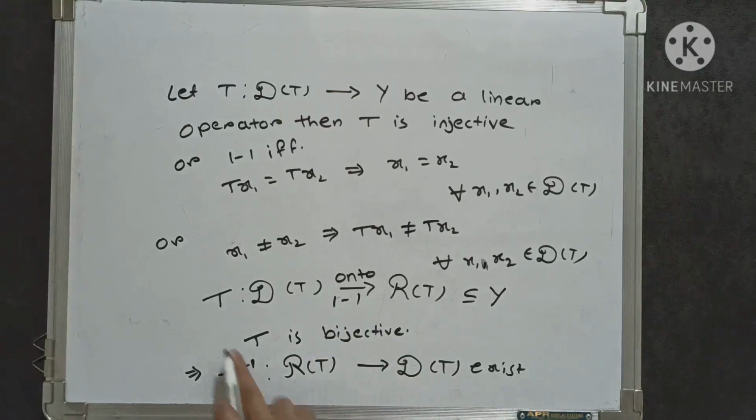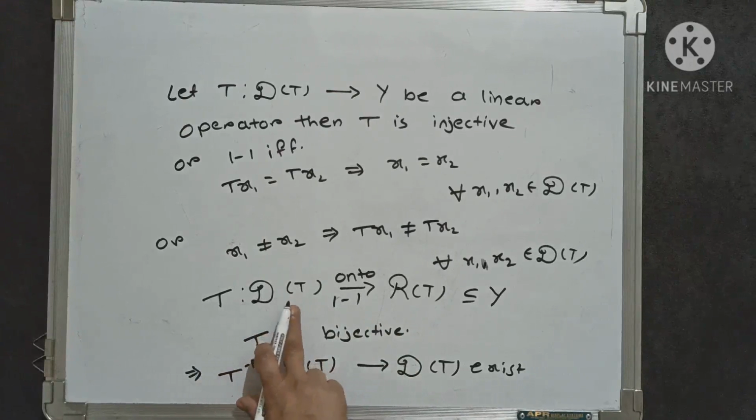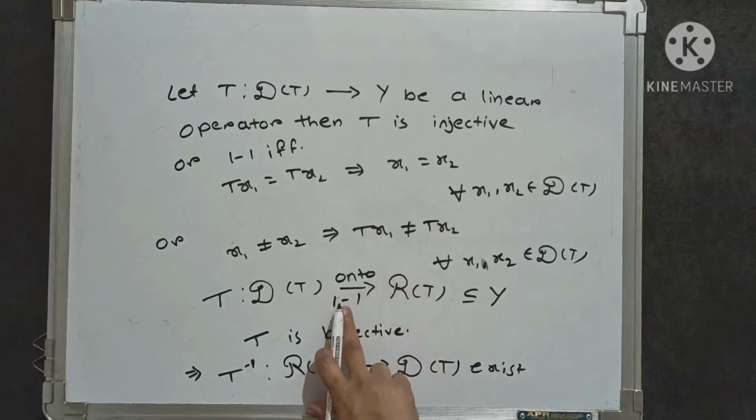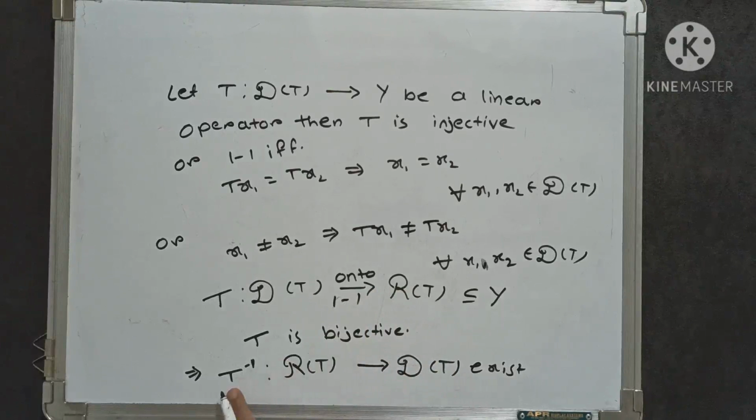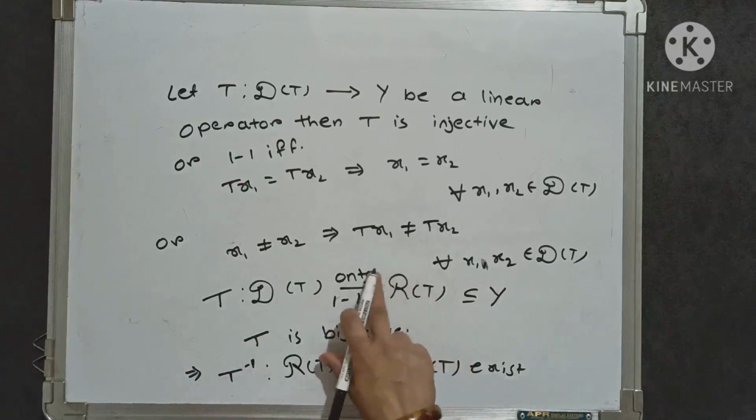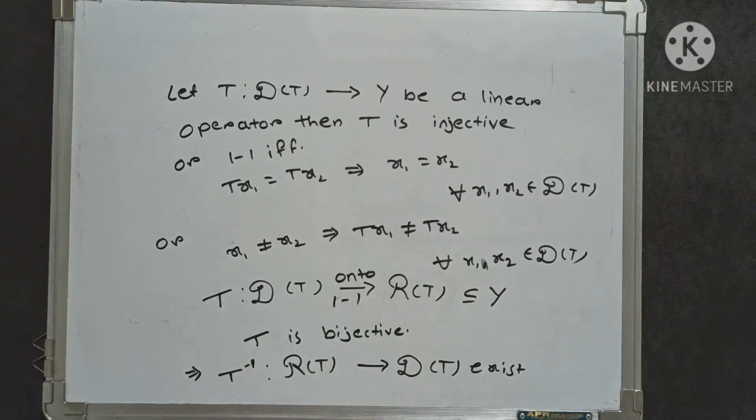When we show that the linear operator capital T, from D of T to script R of T, is one-one, then we directly get that the T inverse exists, because the mapping T from D of T to script R of T is always an onto map. In this way we see the existence of the inverse of the operator T.